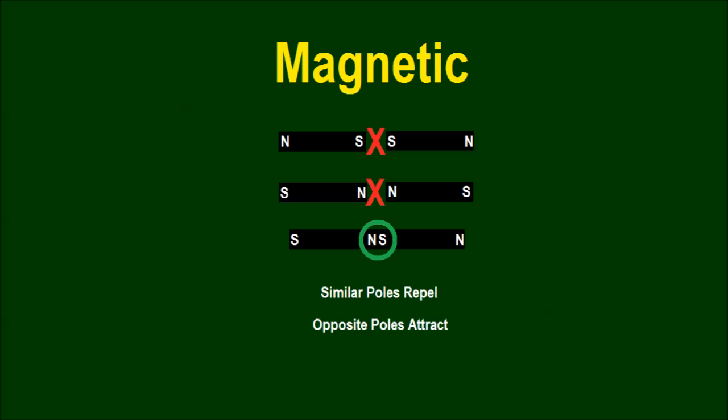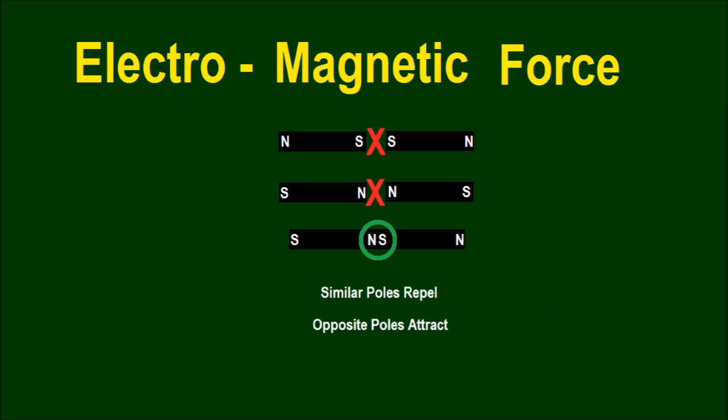Now, magnetism and electric charge are really just 2 sides of the same coin. You can use electricity to create magnetism, or magnetism to create electric current. In fact, these 2 forces of nature are so entwined that physicists have stopped referring to them as separate forces altogether and just refer to them as the electromagnetic force.